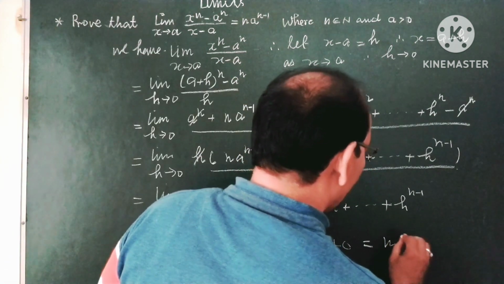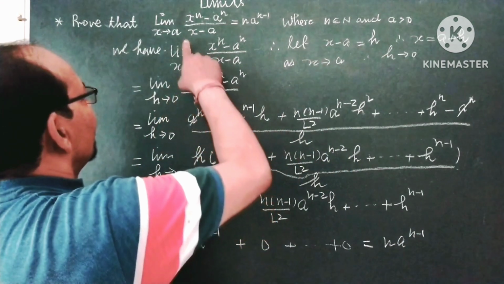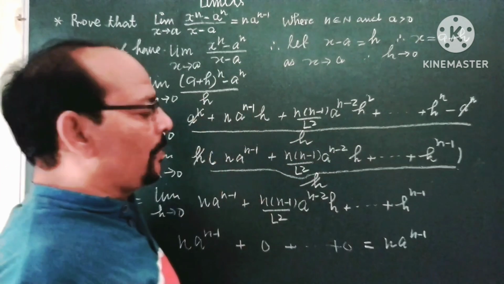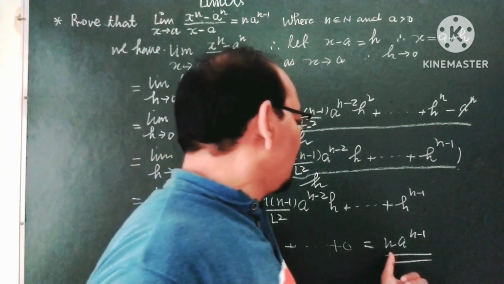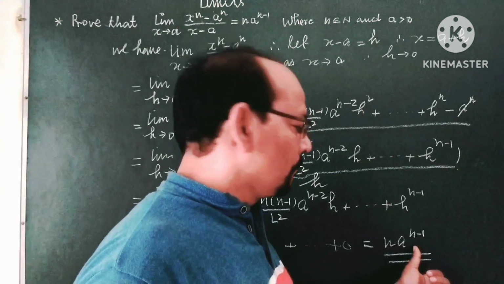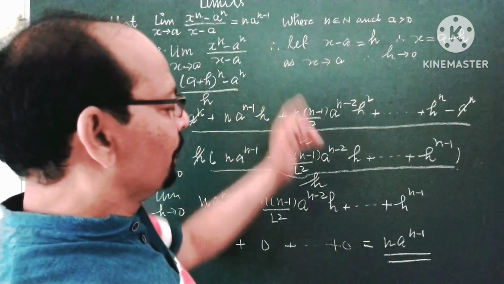There will be n into a raised to n minus 1. Therefore, the limit of this function as x tends to a is n into a raised to n minus 1. Hence, proved.